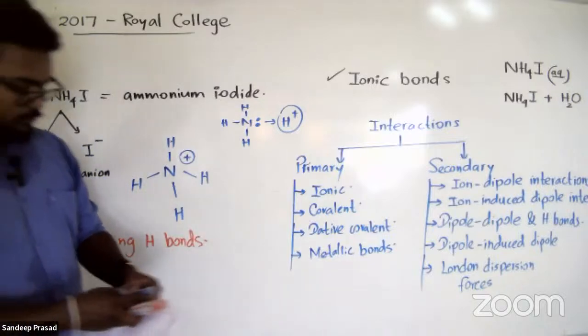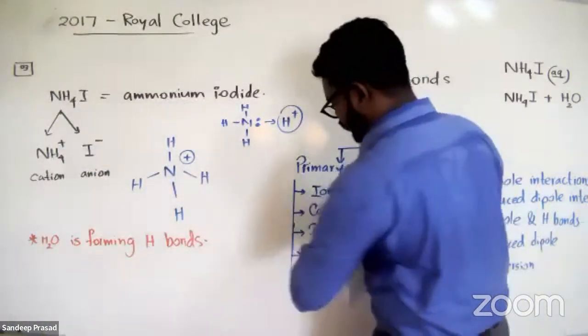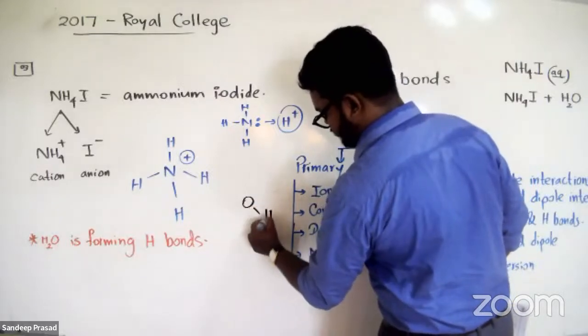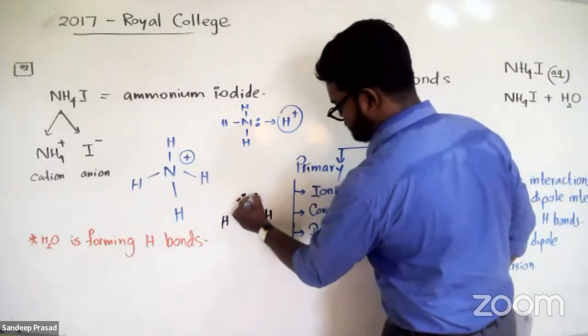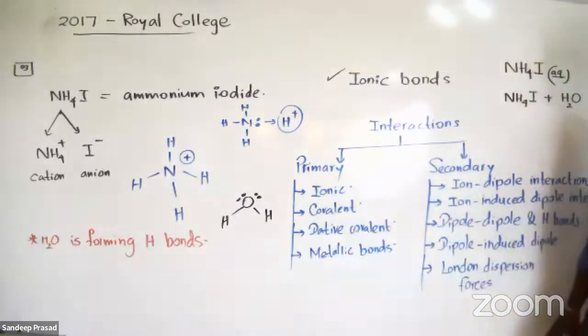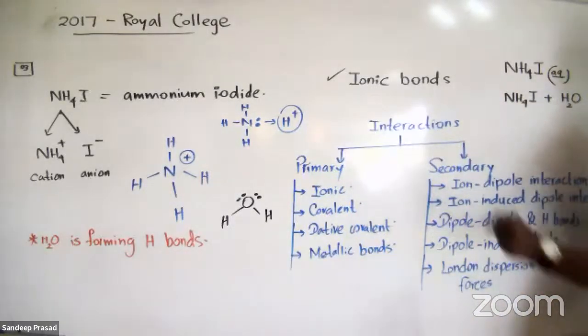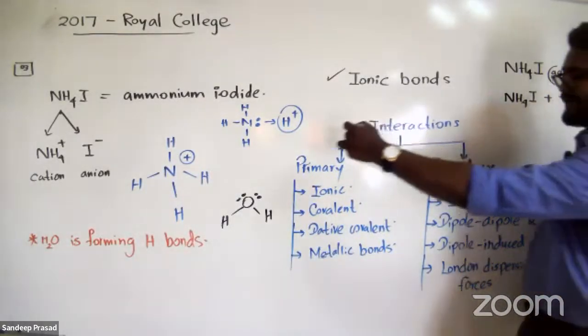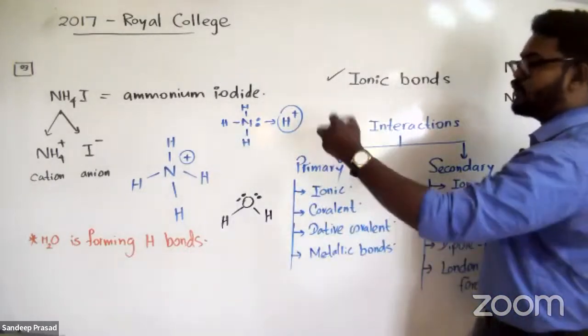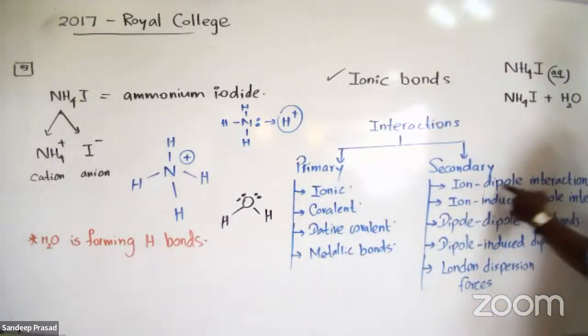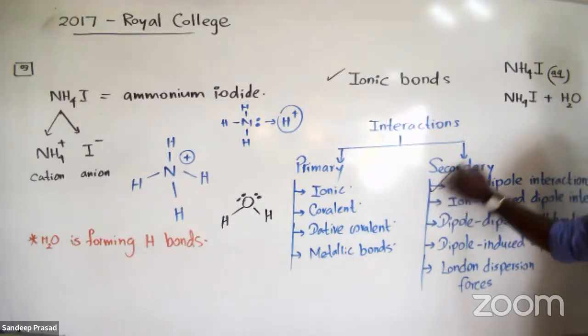If you consider the water molecule, it is a polarized one, right? That's a polar molecule. So that polar molecule is connecting to the ammonium plus cation in order to form an ion dipole interaction.